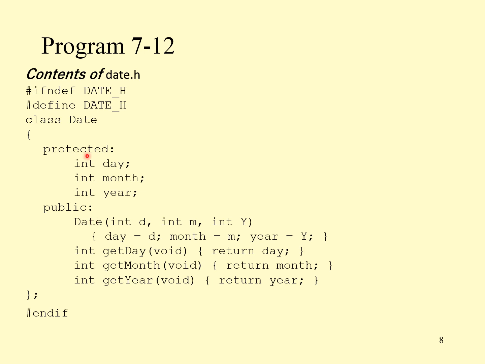Same name as the class. Then it takes its own variables d, m, and y. Then day gets d, month gets m, and year gets y, right? Then int getDay, void return day, getMonth, and getYear. That is what this class will be doing.